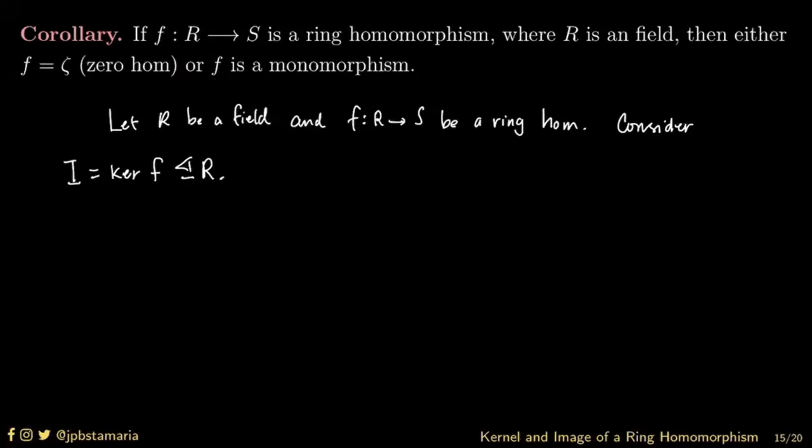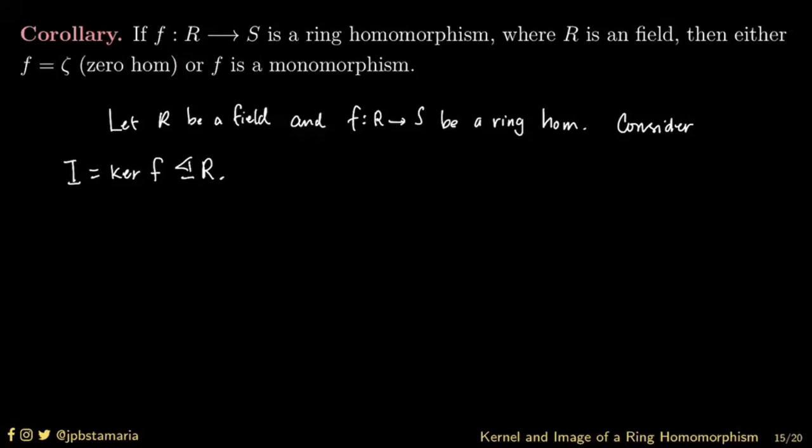Kapag field ang isang ring, hindi marami ang ideals niya. In fact, kapag si I ay ideal ng isang field, dalawa lang ang possibility. Either I is the entire ring, no? Or si I ay yung trivial na ideal or the zero ideal. May property tayong ganun dati.